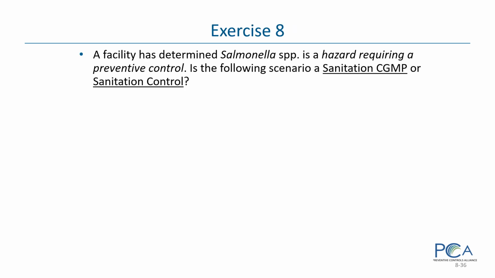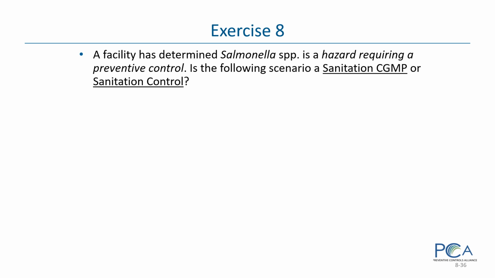Here is exercise 8. Again, I'm going to have exercise 8 built into one of your assignments for this course, but I want to click through each of these and have you at least think about each of these scenarios. So the idea here is that I'm going to post a statement, and theoretically this statement is related to ABC Pet Food, so we already have some background on them and their preventive controls.